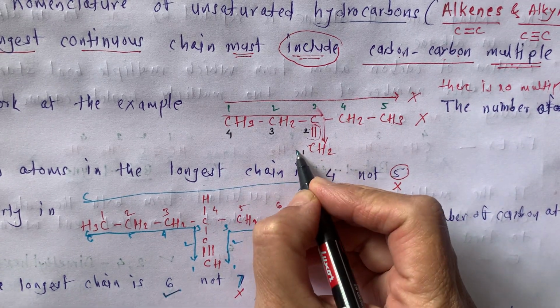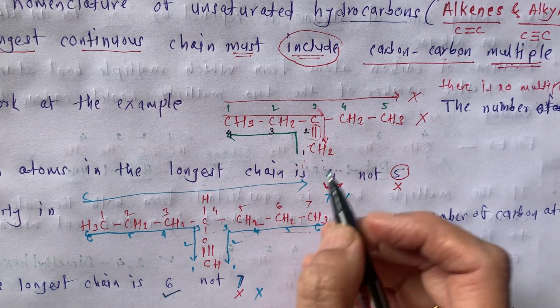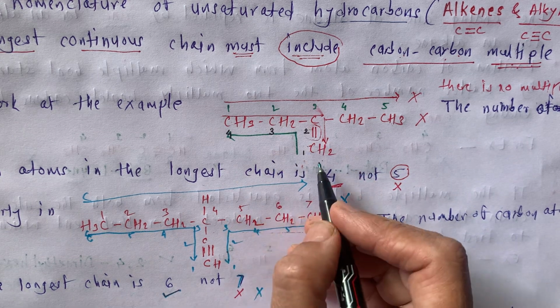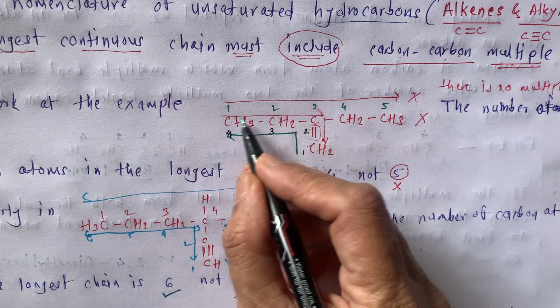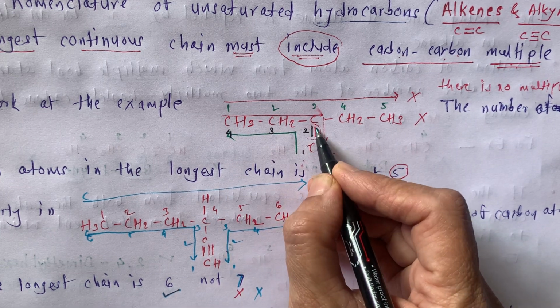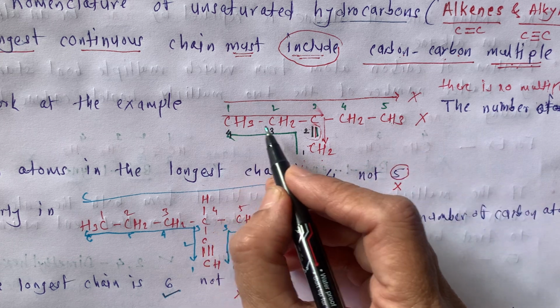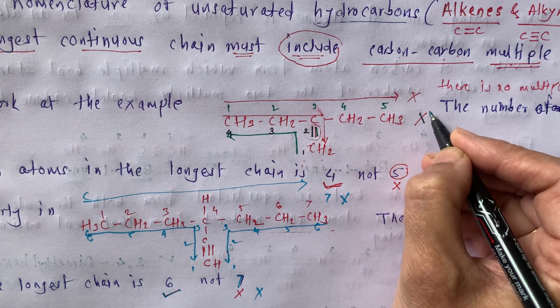See, this one, because here it is a double bond. Now in this chain 1 2 3 4, though there are only 4, your longest continuous chain is this one only, because here it is a double bond. Though this one is of 5 members, there is no multiple bond, so you should not consider this chain.